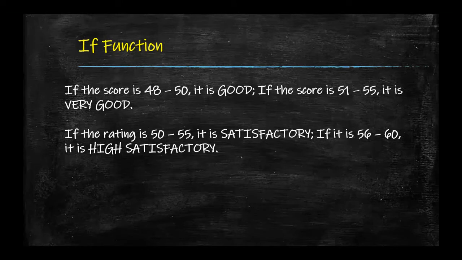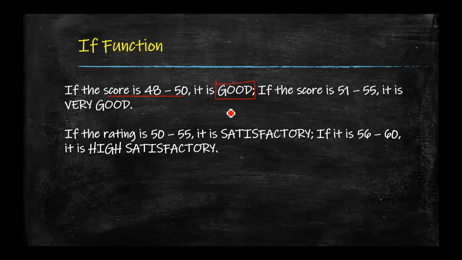So, we have here the sentence, if the score is 48 to 50, it is good. We can see that we have a condition here. Your score needs to be within 48 to 50 to say that your performance is good.